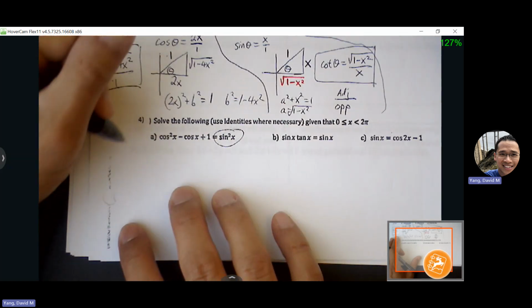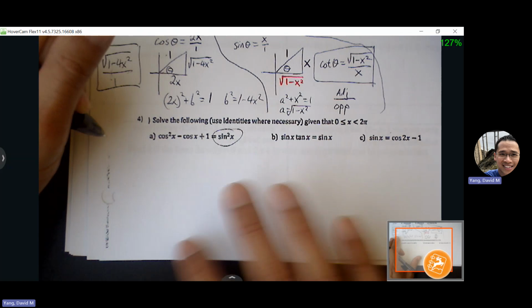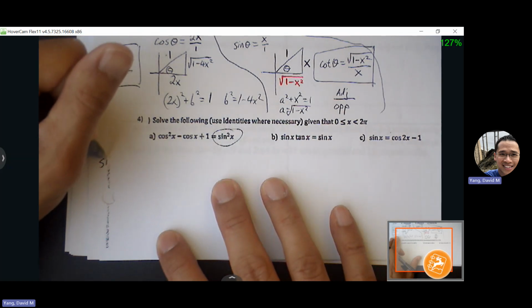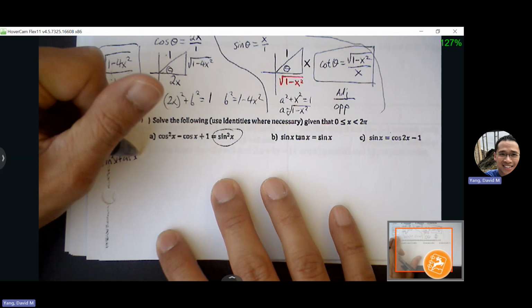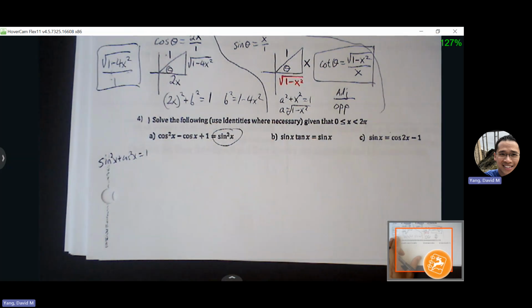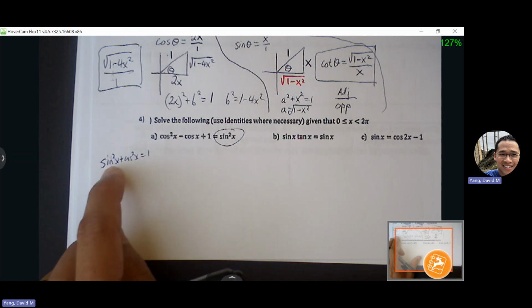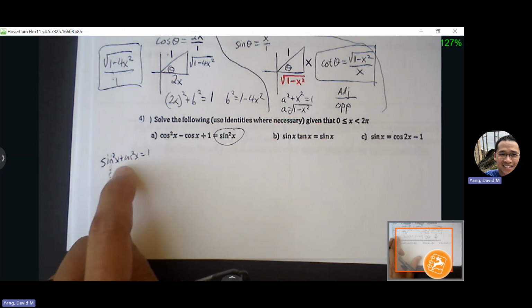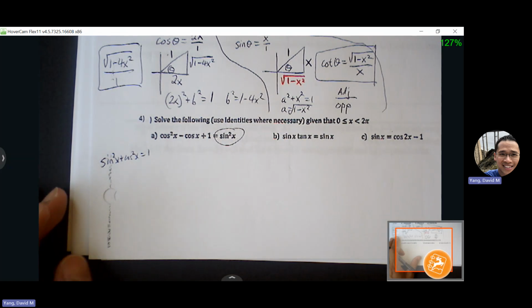So one identity that we all should know is sine squared x plus cosine squared x equals 1. There are other identities that kind of build off of this one involving tangent and also one involving cosecant, secant. They all can be built off of this. So this is really the main one that we all should know.